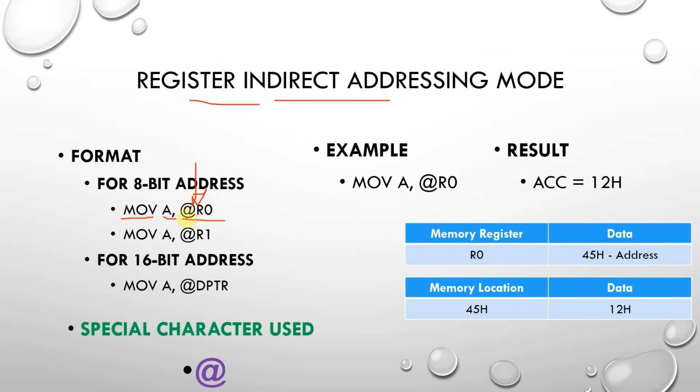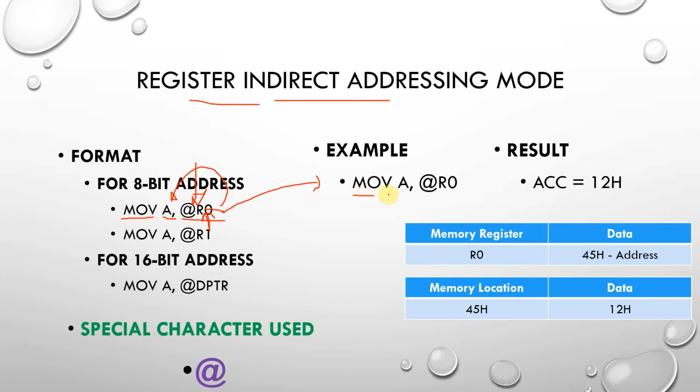In this, we can state the statement as: the data present at the address contained in R0 is moved to A, not the content of R0. Now let us elaborate this with an example.